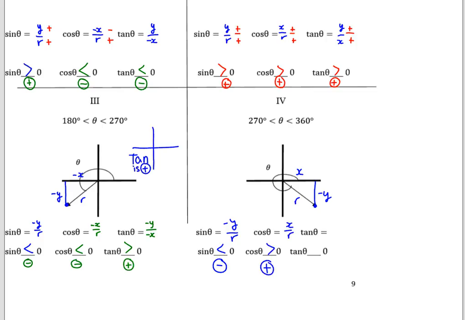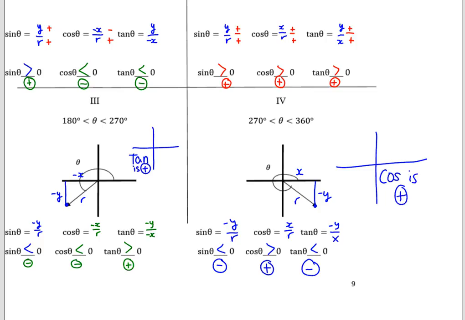They're both positive values. And tan, negative y over x, so that would be negative. So in quadrant 4, who's positive? Just cos. Cosine is positive. The cos ratio is positive.